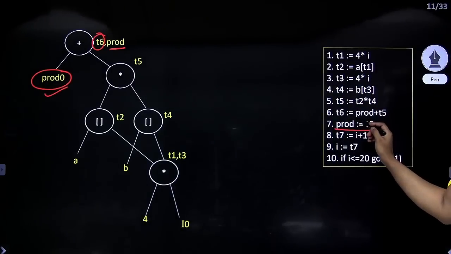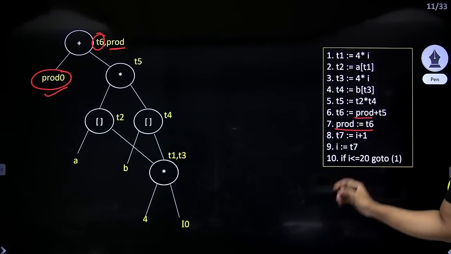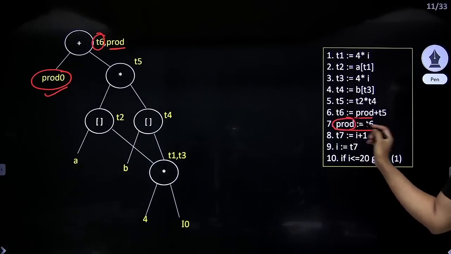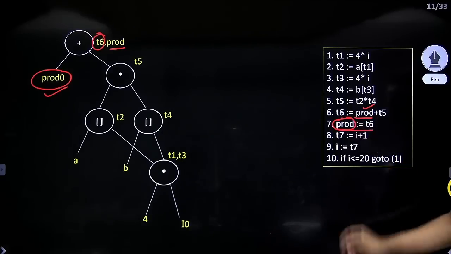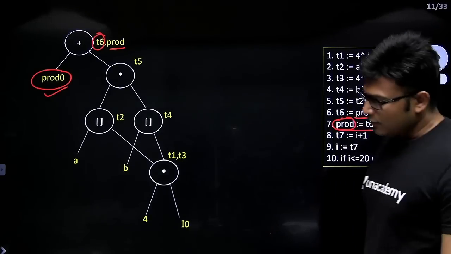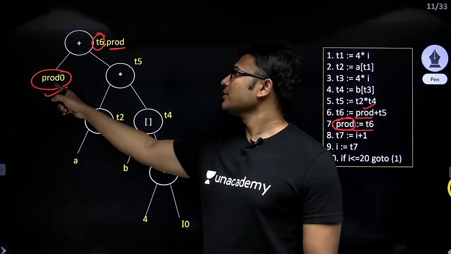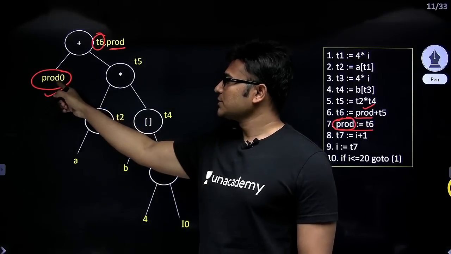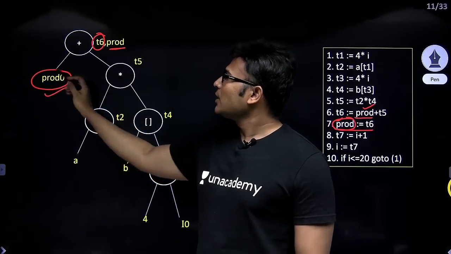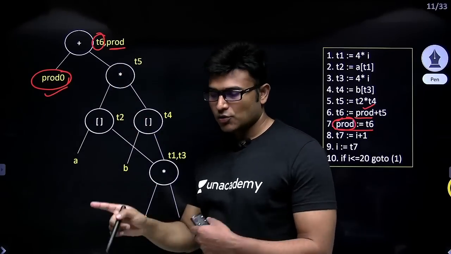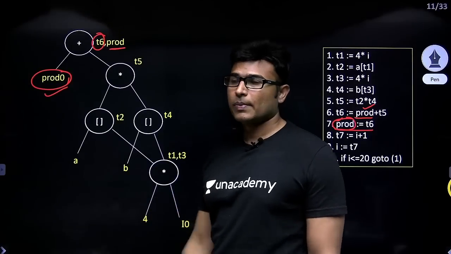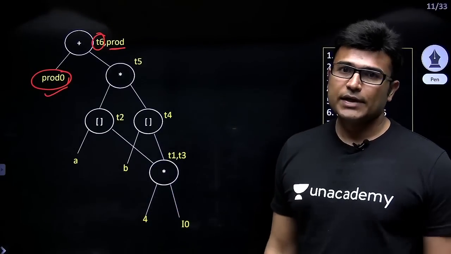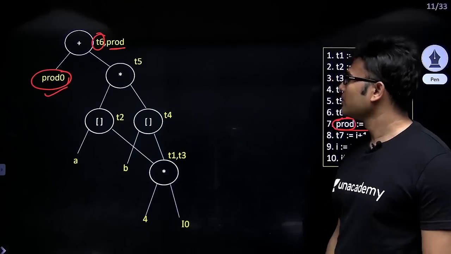So initially some value is there for product and later its value is changed to T6. That is why you have to use different names, product 0 and product. If you use the same name product here, then this product will be confused with this product. That is why you have to use different names. So here I am using product and here I am using product 0. Got it? Compiler actually does it. So compiler is going to rename.